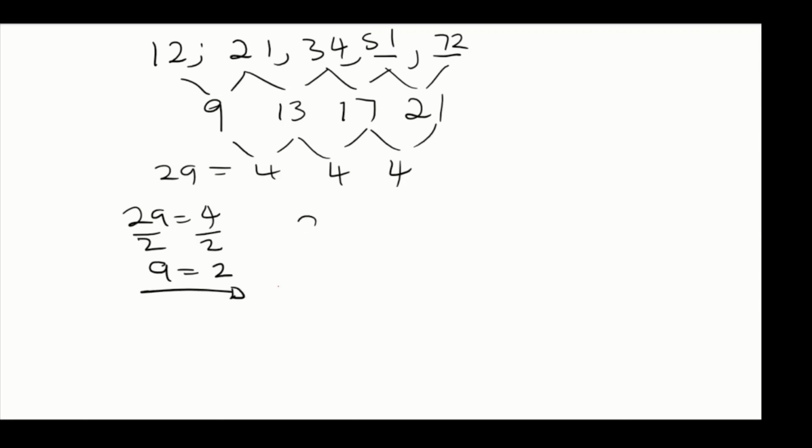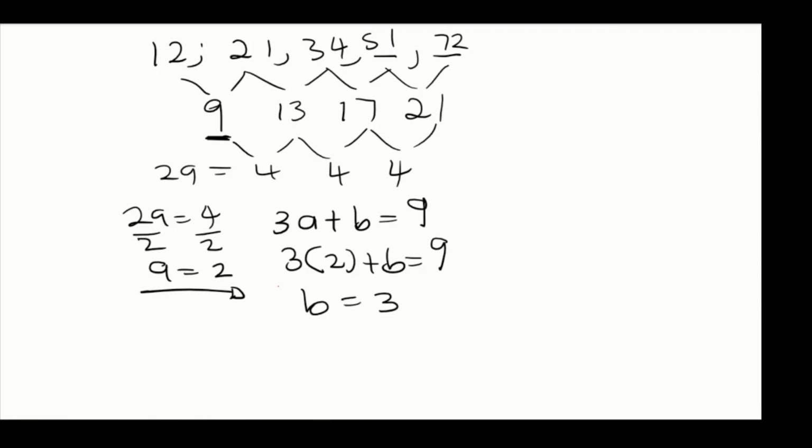And then to find our b, we say 3a plus b is equal to the first term of your first difference, which is 9. And we know our a is 2, so 2 times 3 is 6 plus b is equal to 9. Then our b should be equal to 3 if we transpose the 6 to the other side. It's going to be 9 minus 6.